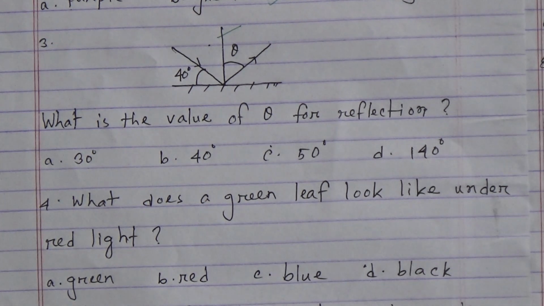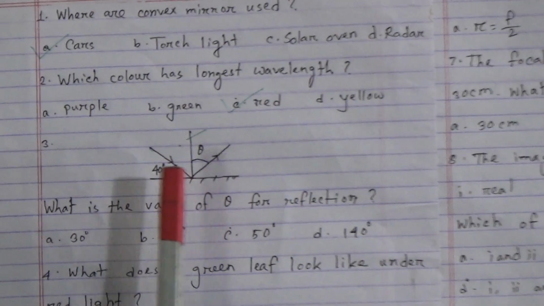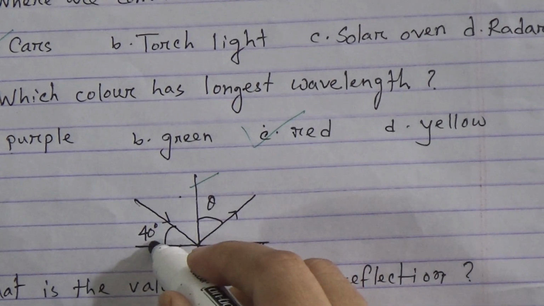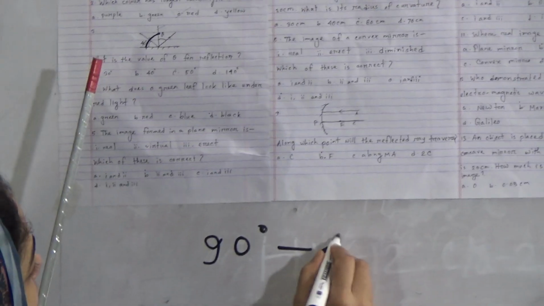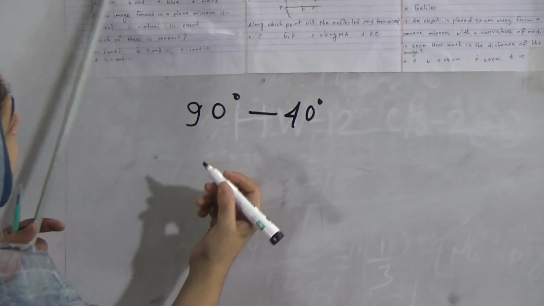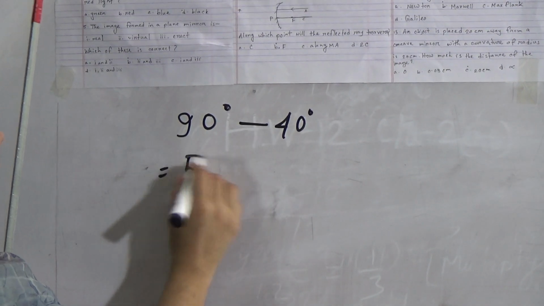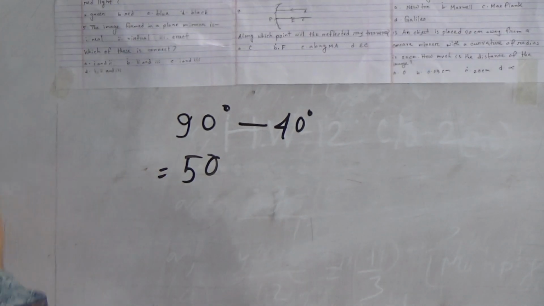Between the plane surface and the normal, the angle is 90 degree. We have to subtract this 40 degree from 90 degree. Then 90 minus 40 means 50 degree.